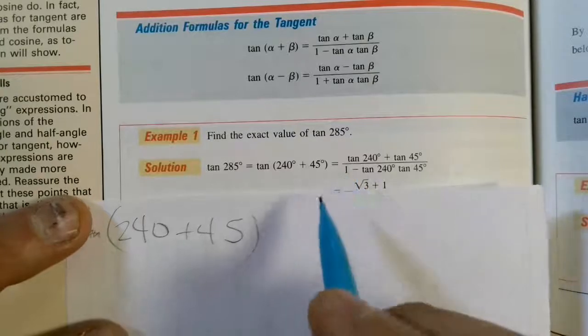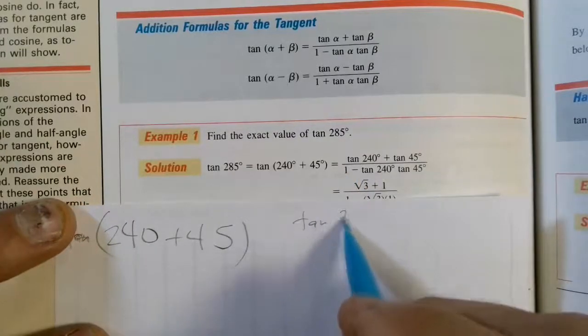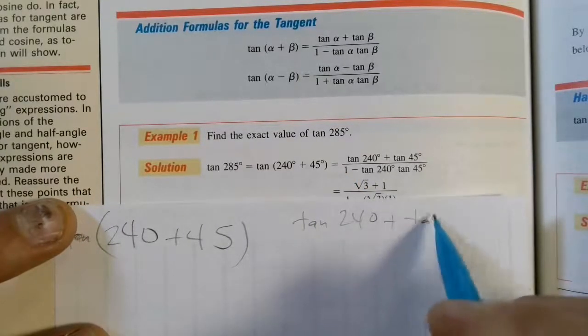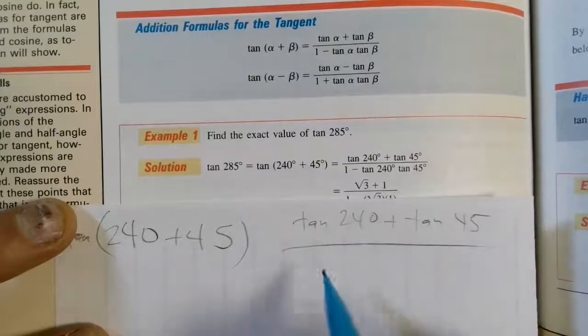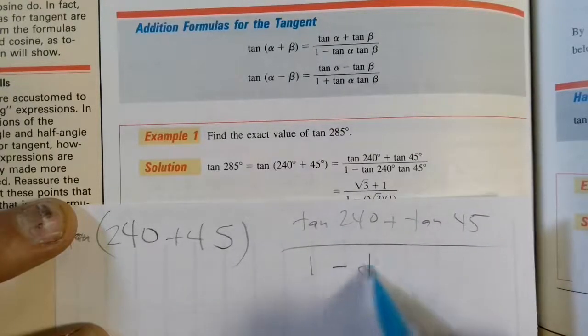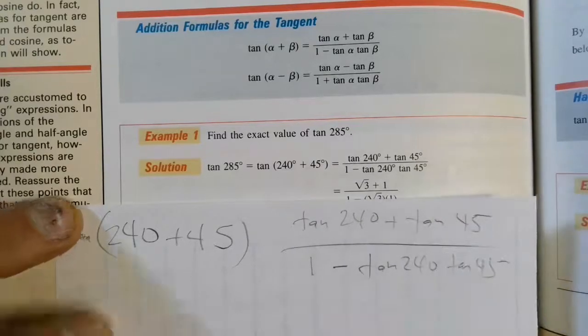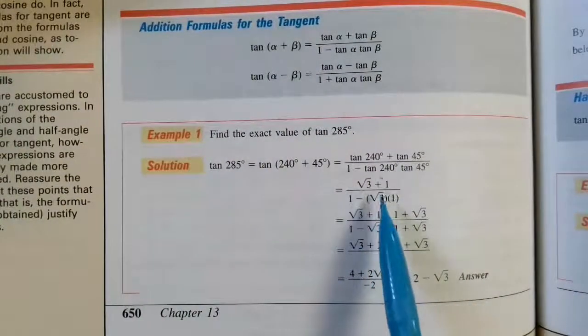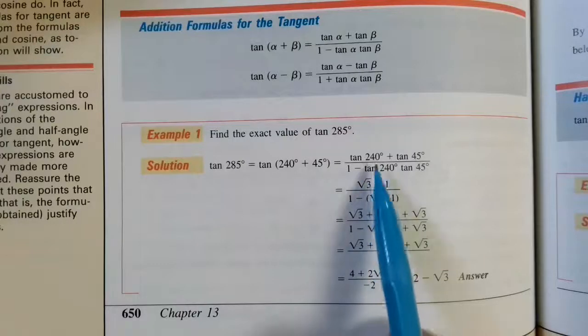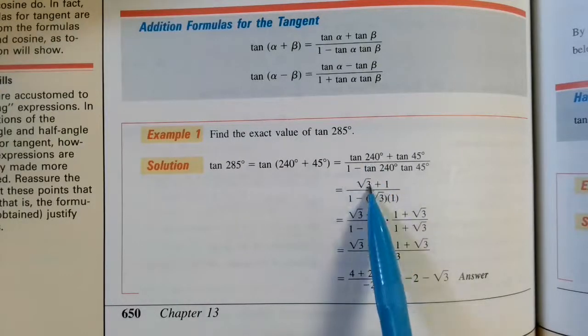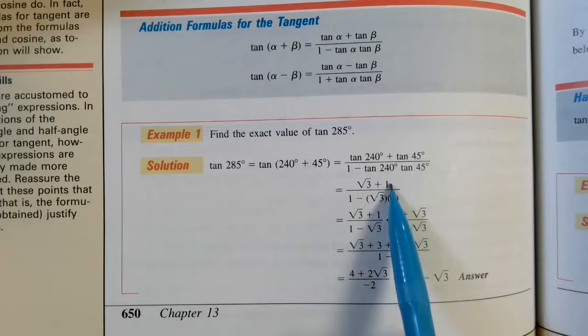So plug it into the formula. The tangent of 240 plus the tangent of 45, over 1 minus the tangent of 240 times the tangent of 45. Now notice here, you simply plug in the numbers. So tangent of 240 is square root of 3. Tangent of 45 is 1.